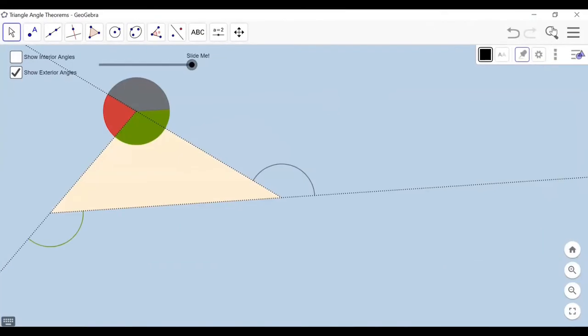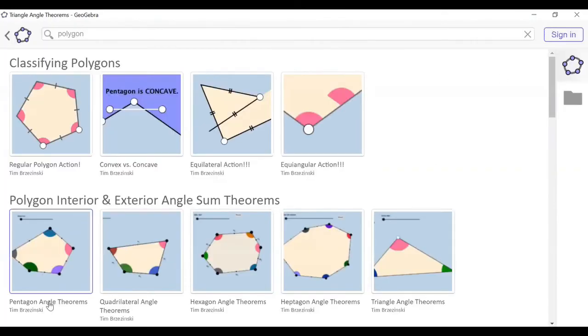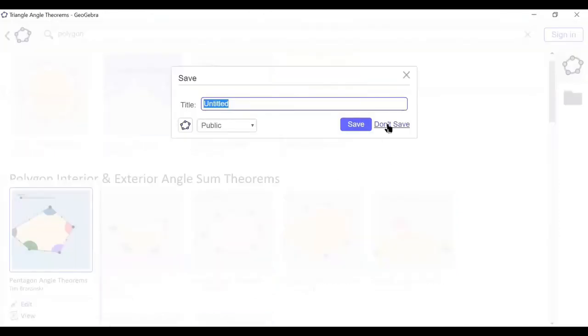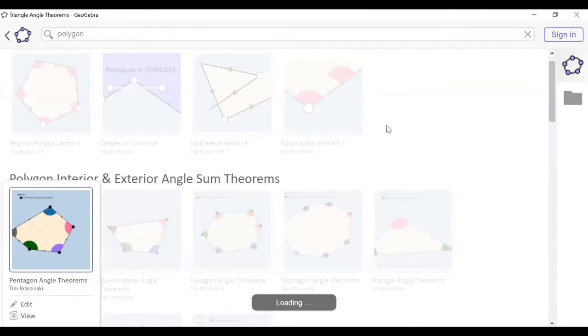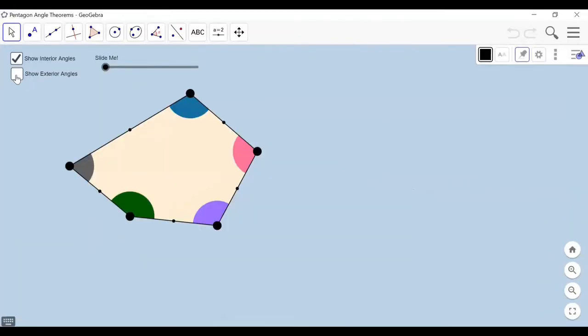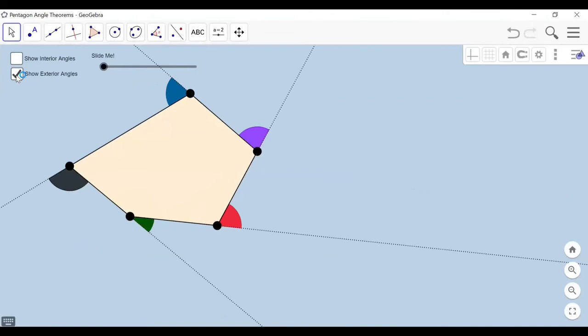Let's observe another one. Let's choose the pentagon. This is a pentagon. So now click to show the exterior angles. The pentagon has 5 exterior angles.